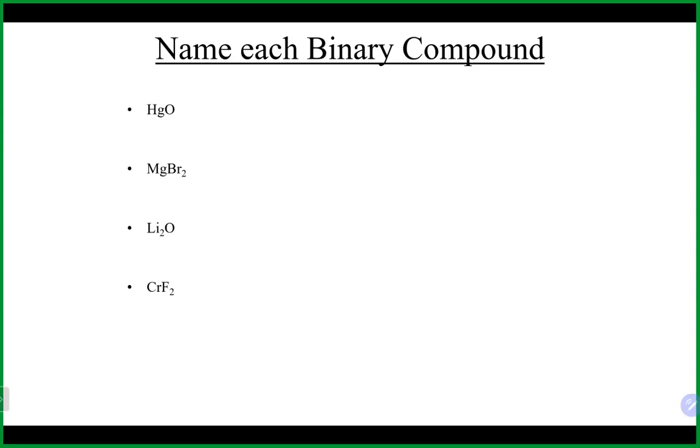Okay, so let's take a look. Here we have mercury, which is a metal, and oxygen, which is a non-metal. So again, that tells us ionic. Mercury being a transition metal tells us that we do need to figure out the charge. Once again, we know that this is oxygen, so this will carry a -2 charge.